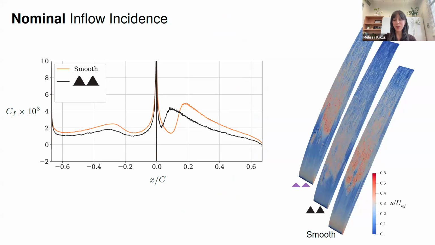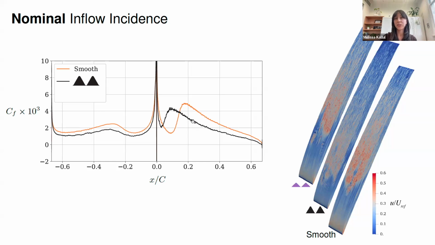This is different to previous riblet studies, which were always done on a flat plate, with no pressure gradient happening over the surface. And so we weren't sure whether they would work in the same way here. We were hoping the results from literature would translate, but we weren't sure. The peak in skin friction, or peak in the drag, is the signal for transition.